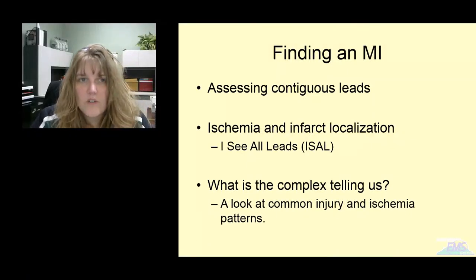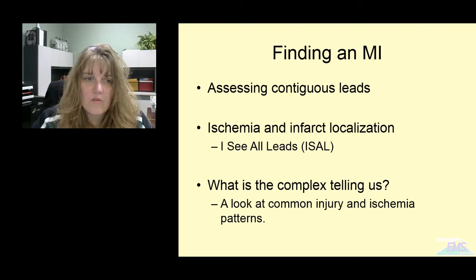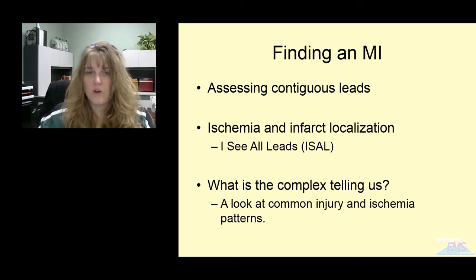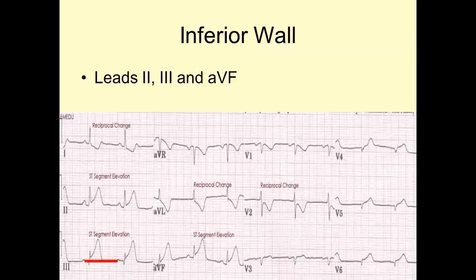And in finding an MI, the best way to do it is the ICL leads theory, and that kind of gives us an idea of what part of the heart is involved. So let's take a look. So in the ICL leads, the I, of course, is for inferior, and that involves leads 2, 3, and AVF.